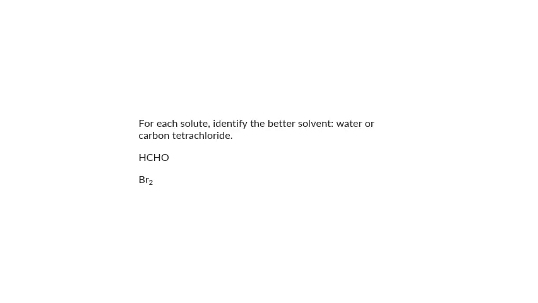Let's see this one. For each solute, identify the better solvent, water or carbon tetrachloride. So what we have to do here is, first we have to think about the polarity of the solute particle as well as the solvent particle. So the solvents are water and carbon tetrachloride. Water is H2O and we know it is slightly negative this side, slightly positive this side.